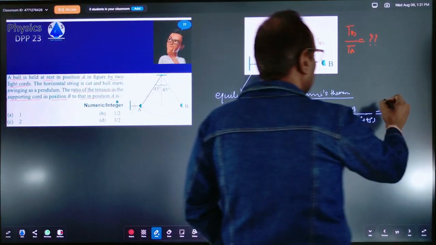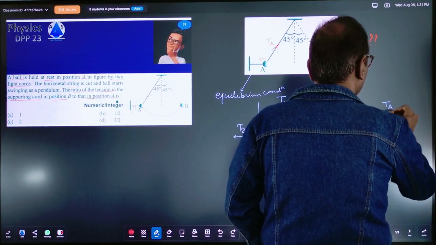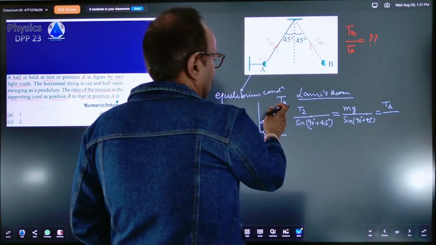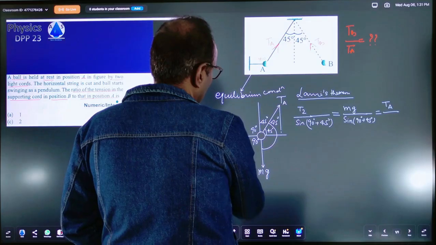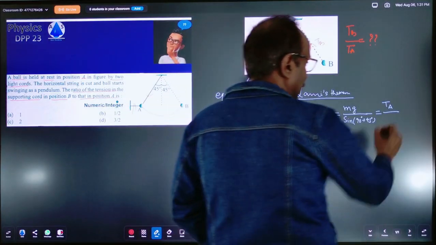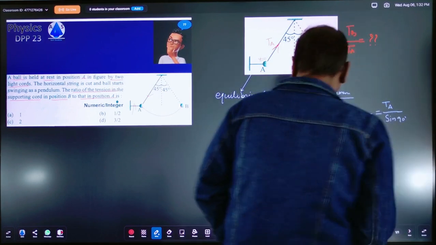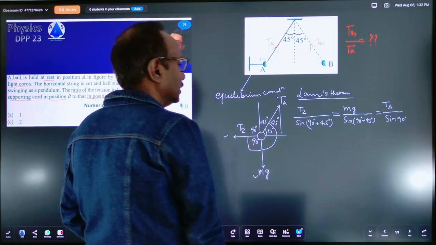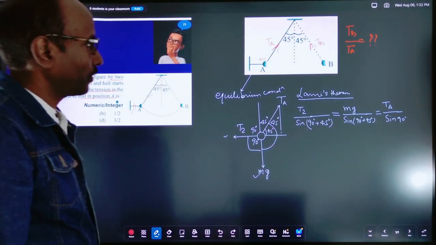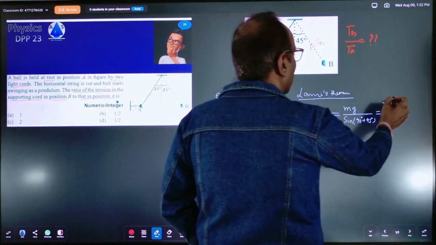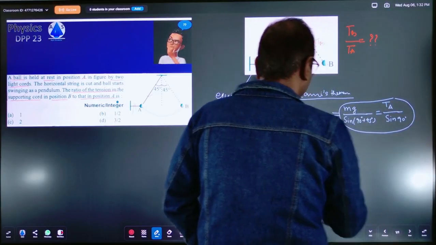And similarly, TA over sine of the angle between T2 and mg, that is 90 degree. You can see here, this is 90 degree. So from these two, you can get the value of TA.